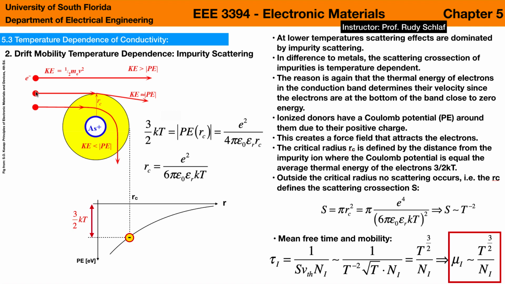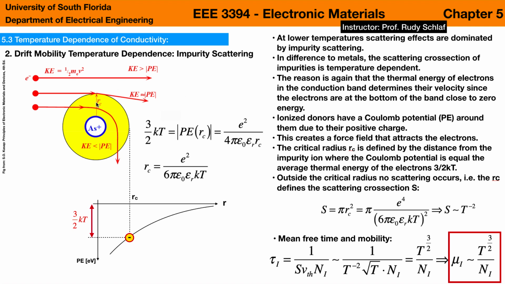And depending on the velocity of these electrons, they are either captured or deflected by this Coulomb potential, so they make a slingshot around the impurity and get scattered, or if they have enough energy, they can continue on their straight path or just suffer a small deflection.